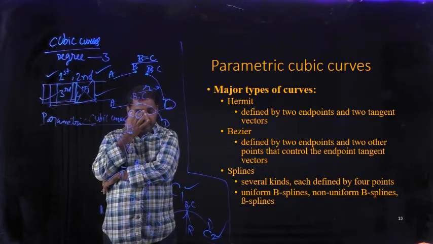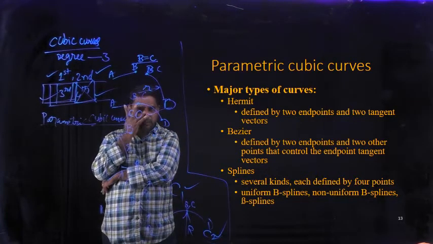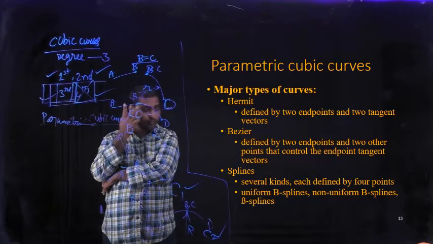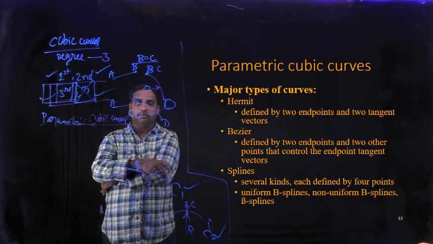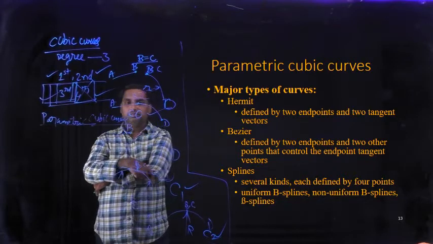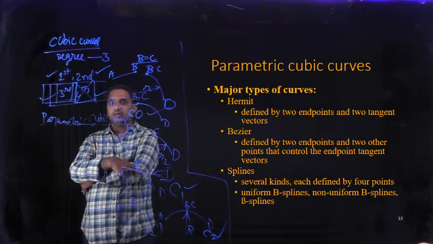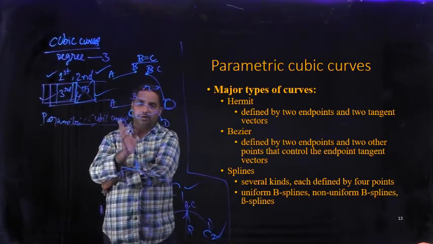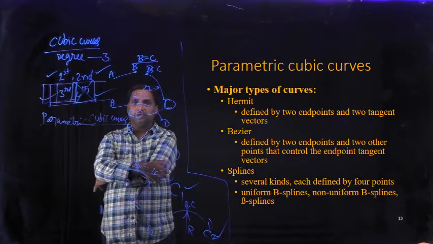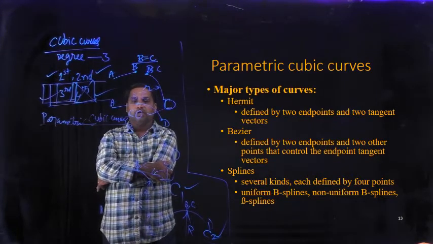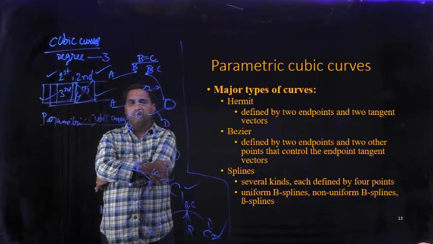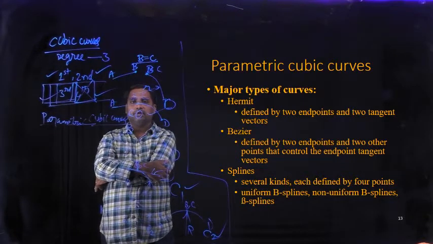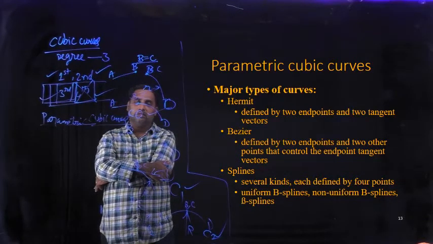For the straight line we require 2 endpoints and slope. That means 2 boundary conditions we require. For the case of a 2nd degree curve, like x square plus y square equal to r square, what are the conditions we require? Center and radius or diameter of the circle.